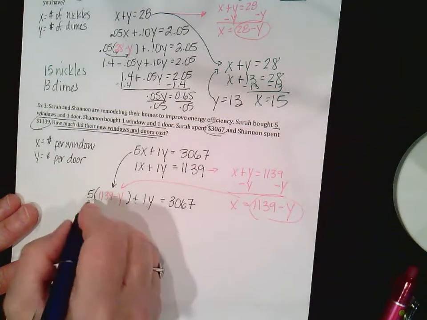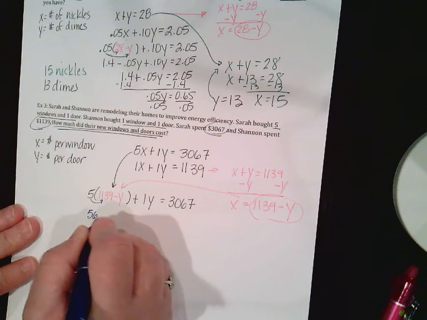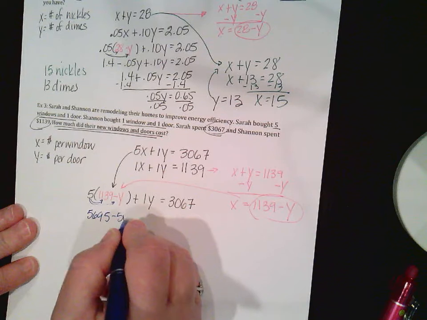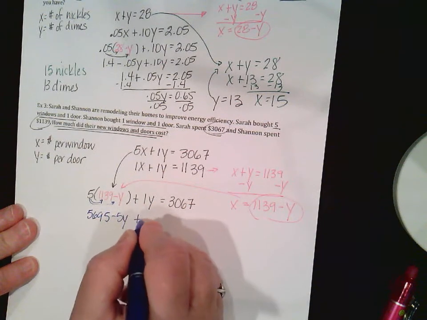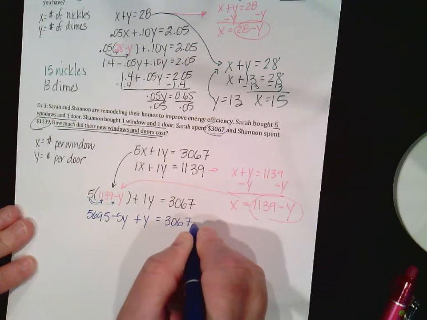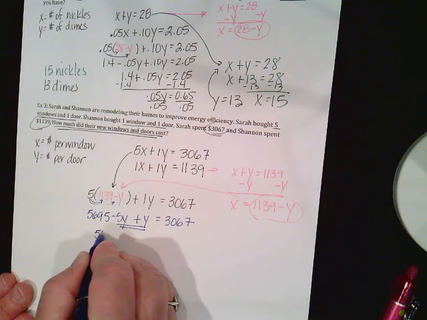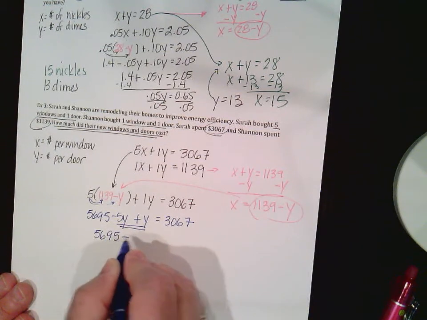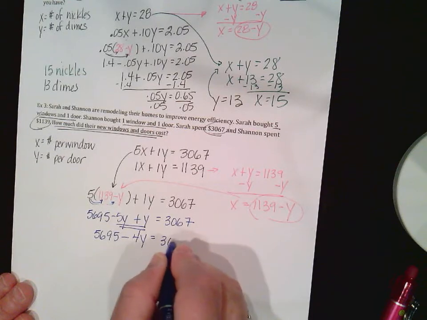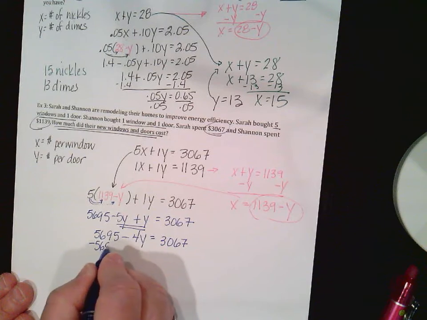Now I'm going to distribute my 5. 5 times 1139 is 5,695. And then I have minus 5Y. Then I have this plus Y equals 3,067. I'm going to combine like terms. So I have 5,695 minus 4Y equals 3,067. I'm going to subtract the 5,695 from both sides.